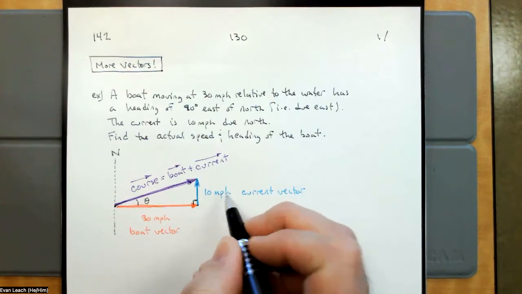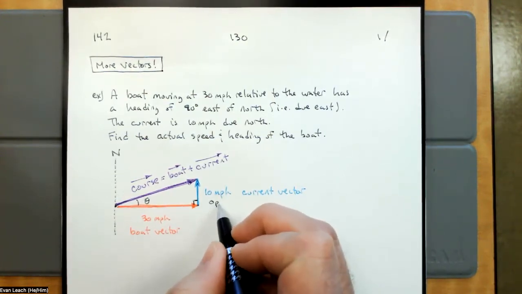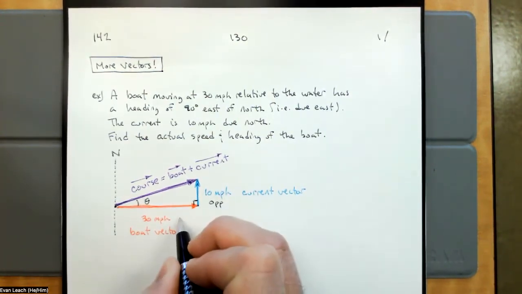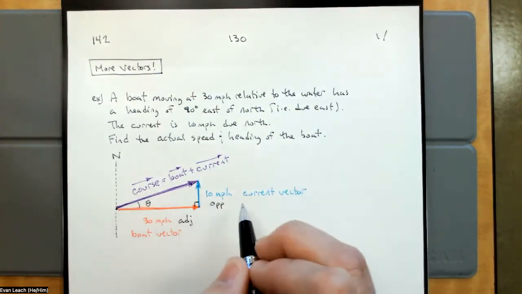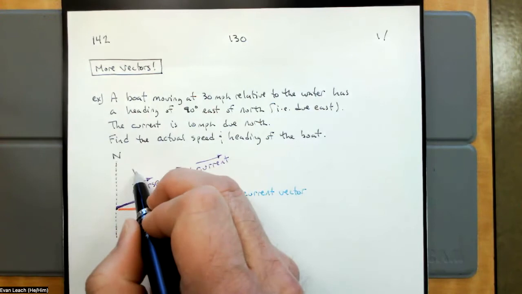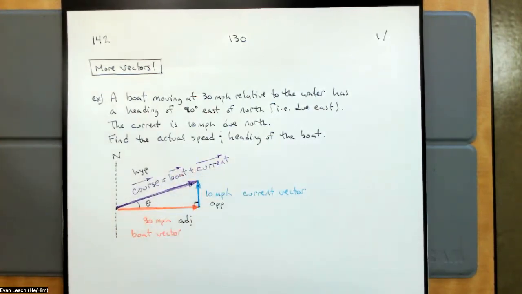And then this 10 miles per hour is going to be opposite. 30 miles per hour is going to be adjacent. And the course, the length of this, is going to be the hypotenuse. So we're going to use the opposite and adjacent to solve for theta and solve for the hypotenuse. And that will tell us the actual course of the boat.